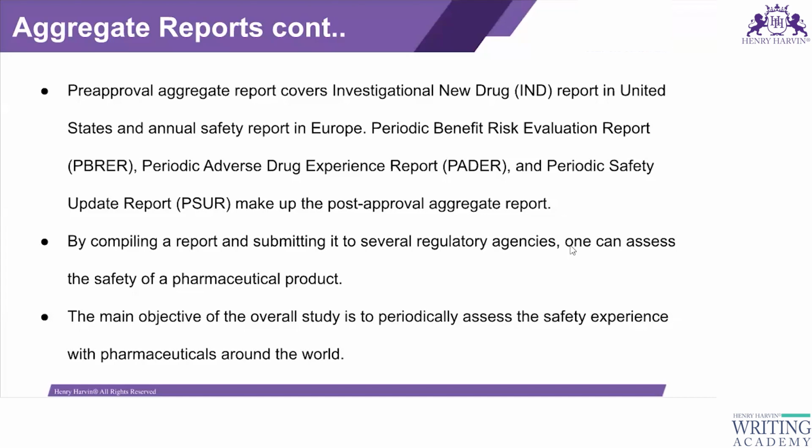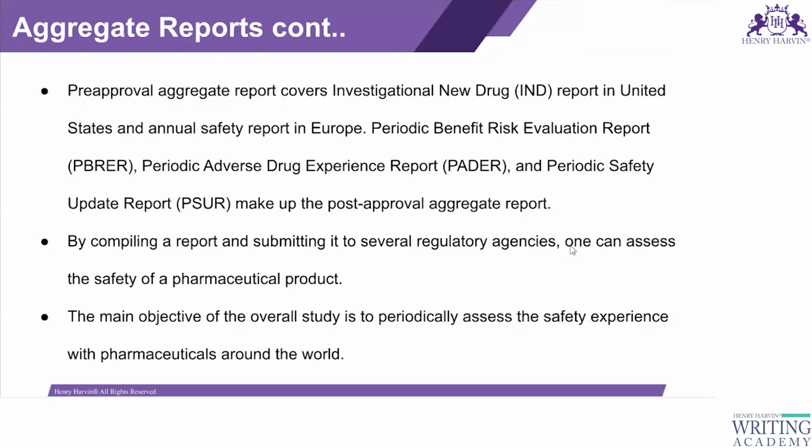Pre-approval aggregate reports cover the investigational new drug report in the United States and the annual safety report in Europe. The periodic benefit risk evaluation report, PBRER, the periodic adverse drug experience report, PADER, and the periodic safety update report, PSUR, make up the post-approval aggregate reports. These aggregate reports are divided into two phases: pre-approval and post-approval.